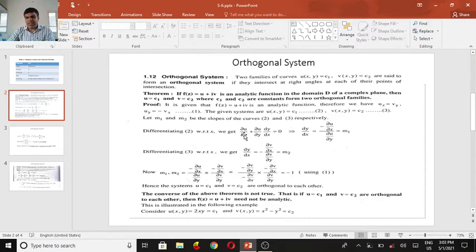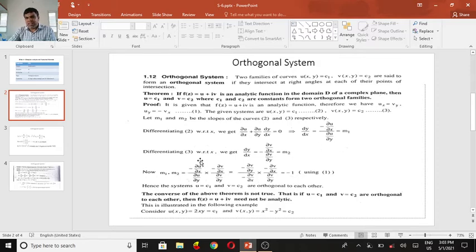Taking dou u by dou x to the other side, dou u by dou y into dy by dx equals minus dou u by dou x. So dy by dx equals minus dou u by dou x divided by dou u by dou y. I call this m1.